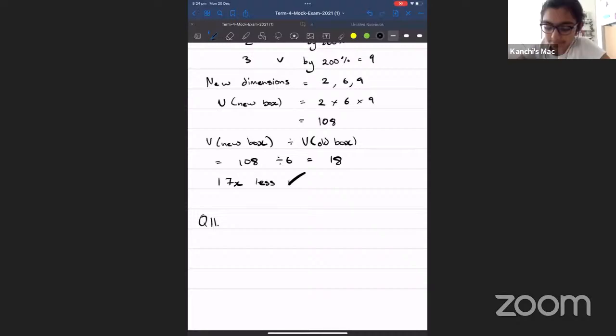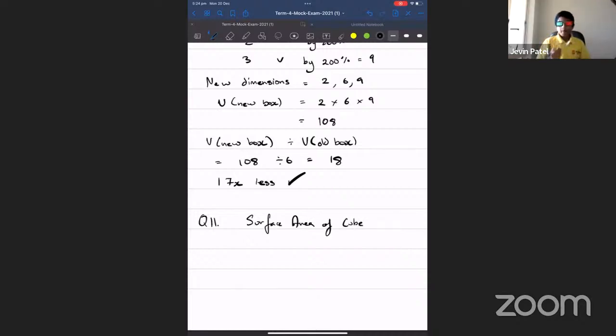All right. How do you find the surface area of a cube? It's the area of one face times by 6.